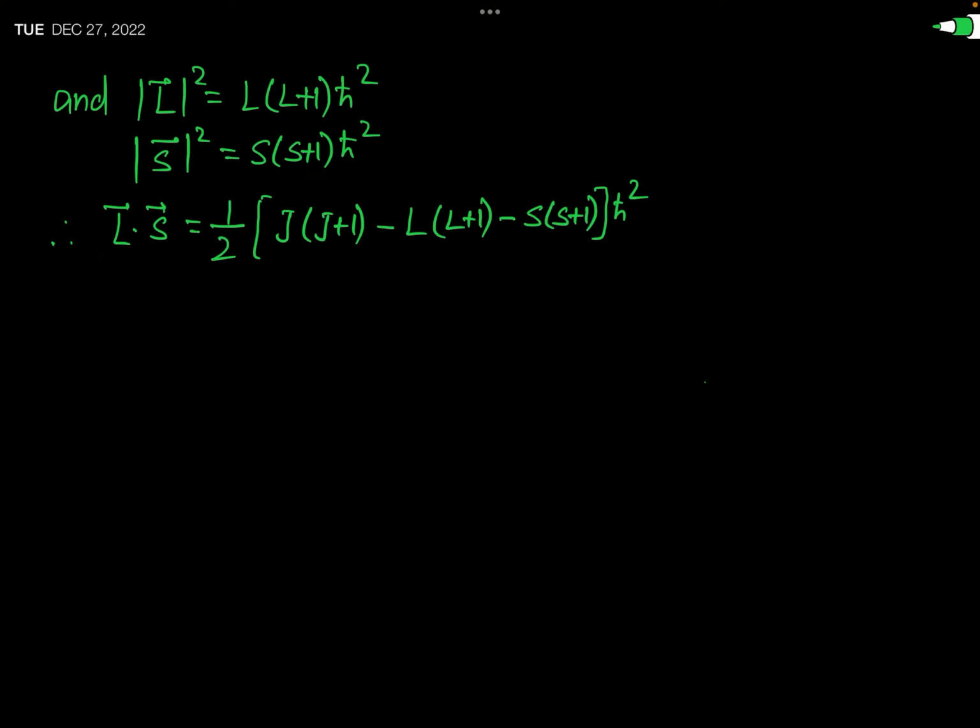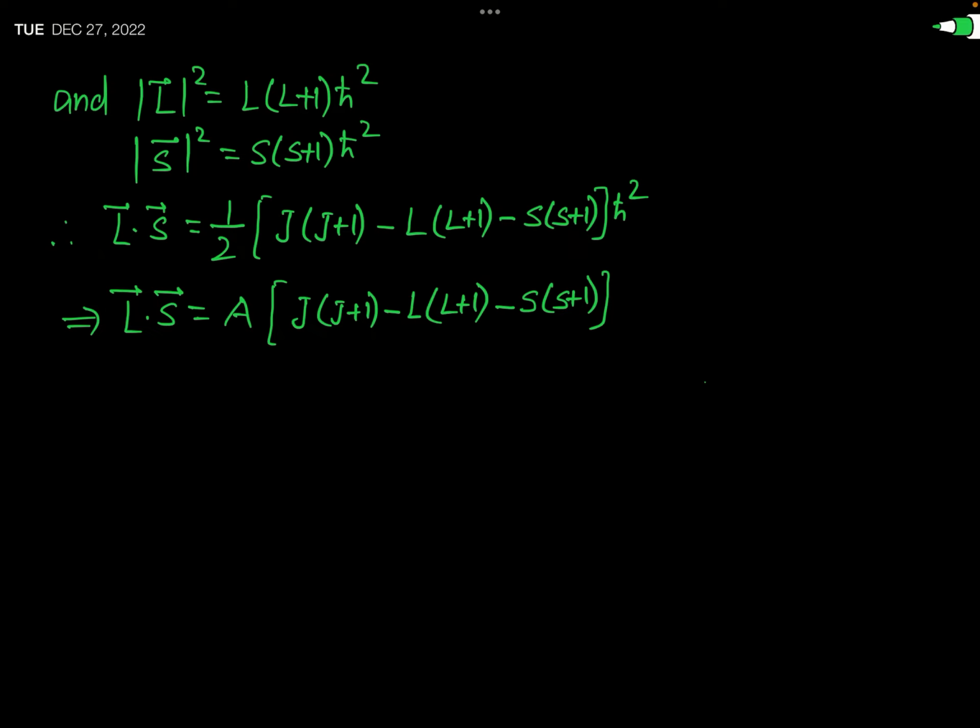Now this h bar square is a universal constant too, and this 1 by 2 is also a constant. So this expression may be equivalently written as L dot S equal to a constant denoted by the symbol capital A times (j times j plus 1 minus L times L plus 1 minus S times S plus 1).